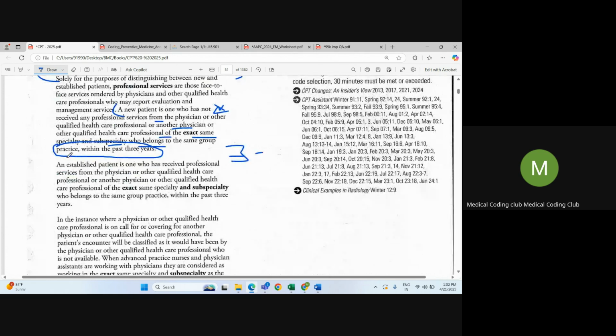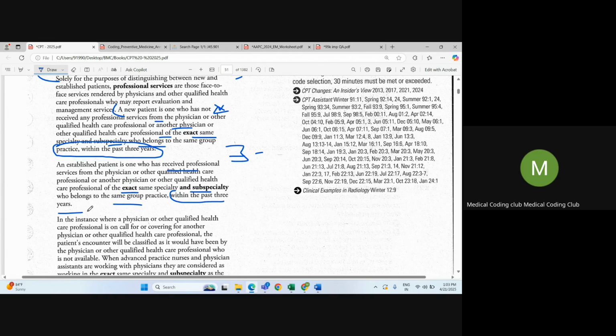And an established patient is one who has received a professional service from the same exact specialty and subspecialty, or who belongs to the same practice, within the past 3 years. So within the past 3 years, if the patient takes any kind of treatment, it could be 2.5 years, or 2.8 years, or 1 year, or 1.5 years, all these fall within 3.